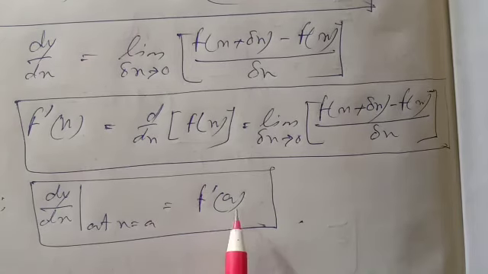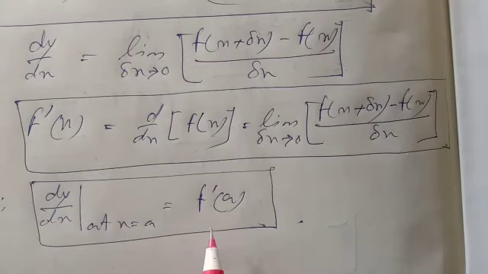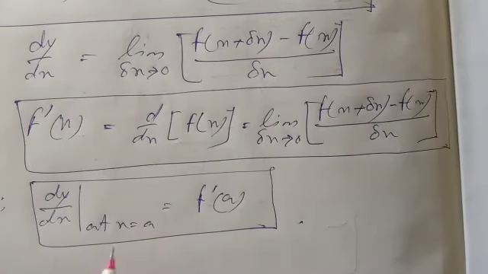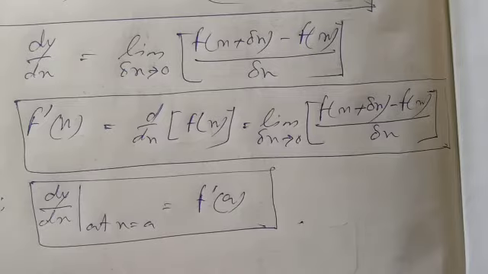If f dash a exists, we say that f of x is differentiable at x equal to a. And if f dash x exists for every value of x in the domain of the function, we say that f of x is differentiable. This is the basic concept of differentiation.